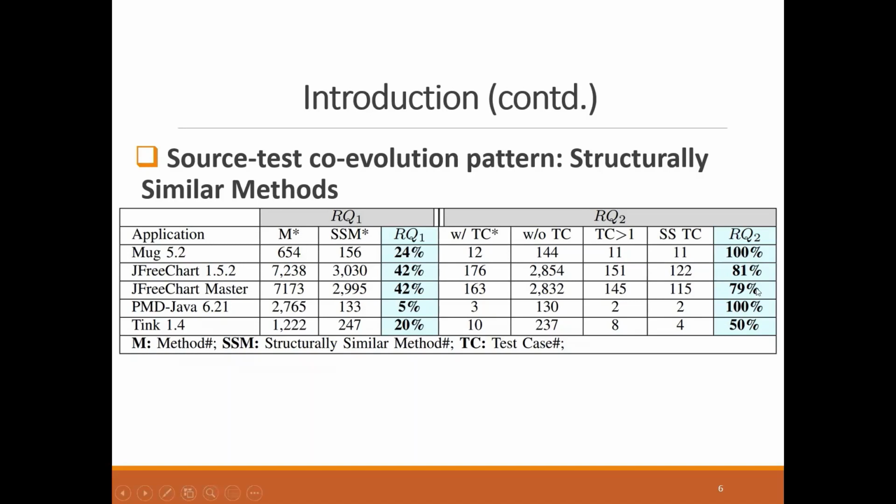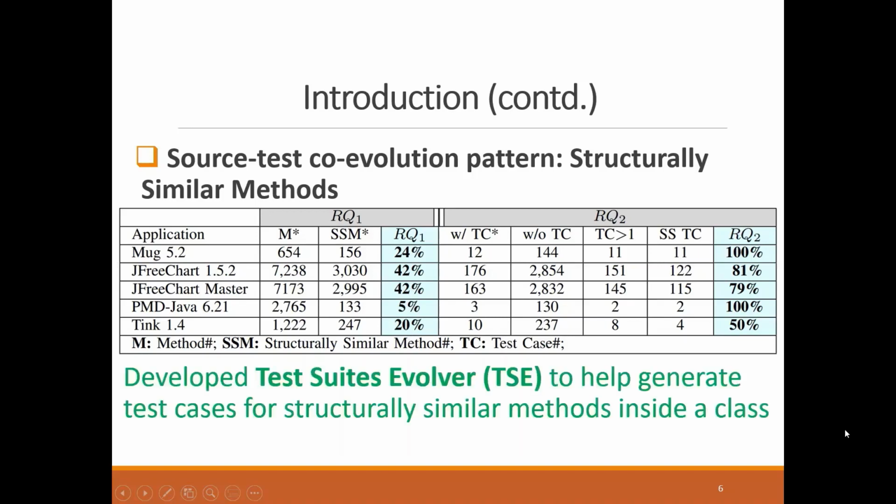And we can see that 50% to 100% of test cases were structurally similar for the 42%, 5%, and 20% structurally similar methods inside the source code. So motivated by this example and these statistics, we developed Test Source Evolver in this work to help generate test cases for structurally similar methods inside a class.